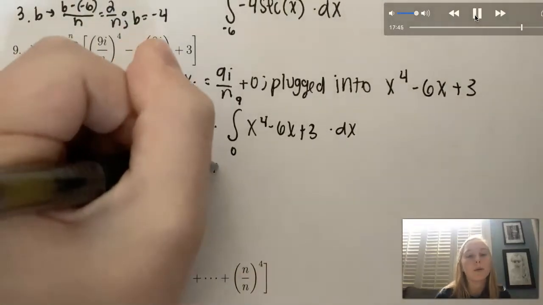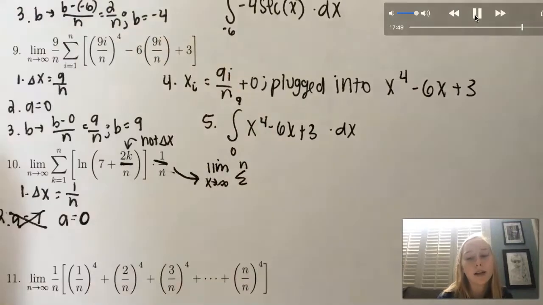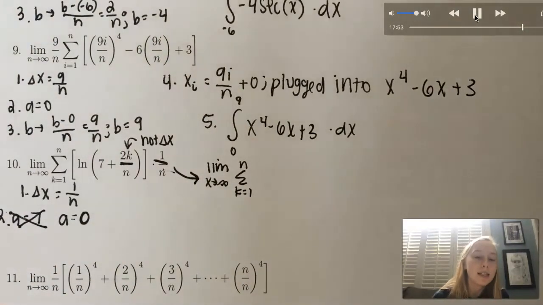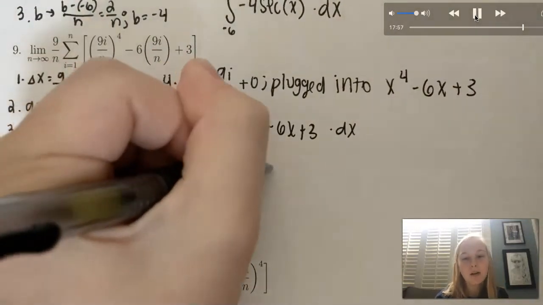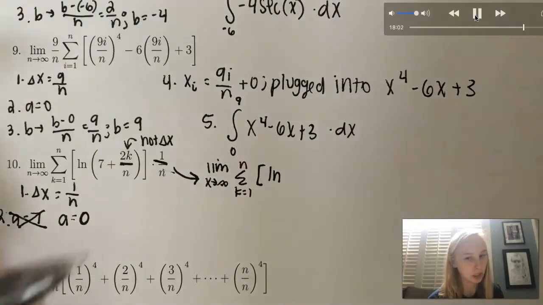So I'm actually going to rewrite this whole thing and help clarify why a is actually 0. So once again, it's that limit summation equation, but we have to figure out why that is not delta x and where delta x actually is in this equation.